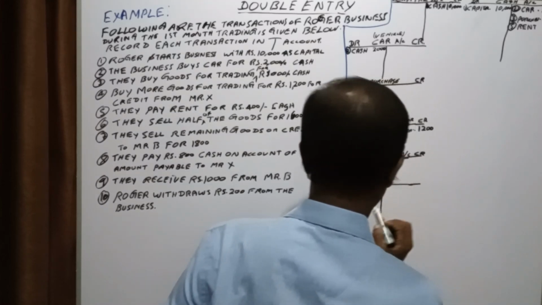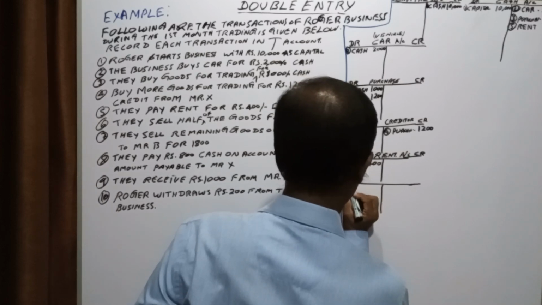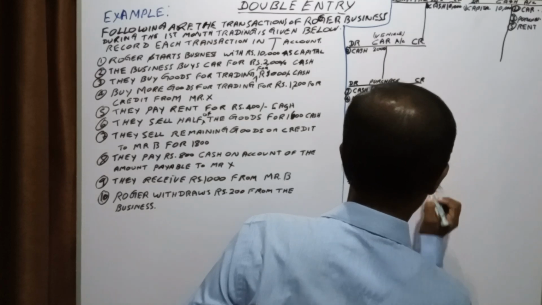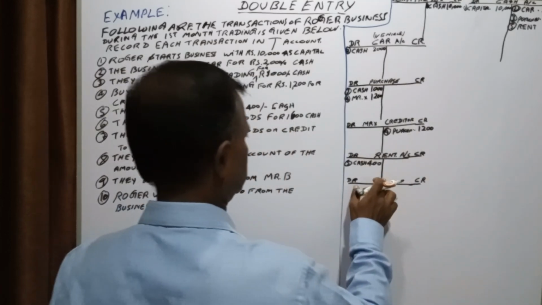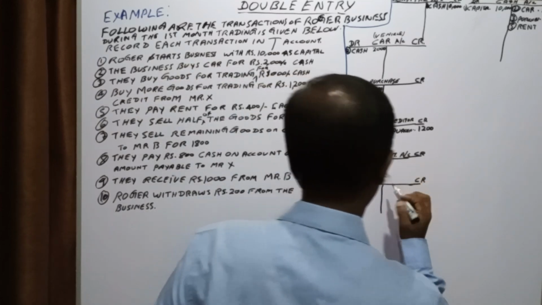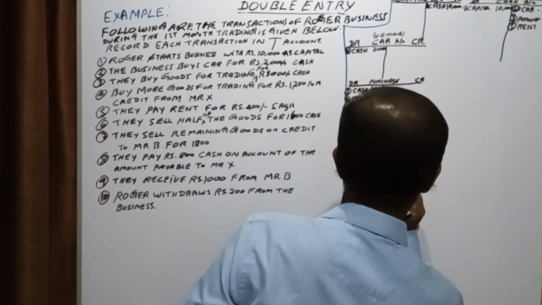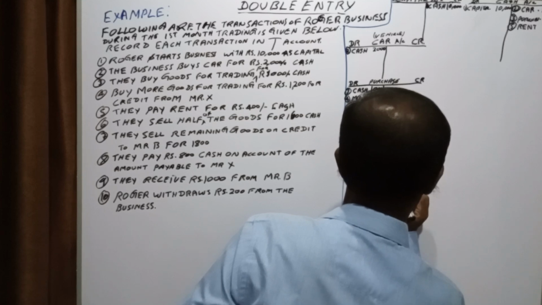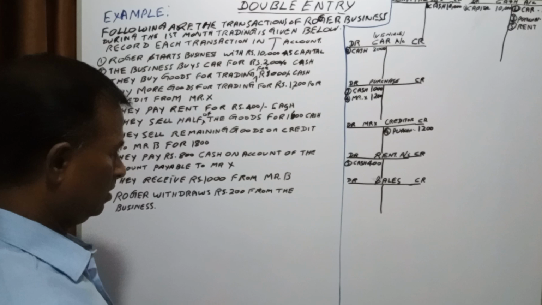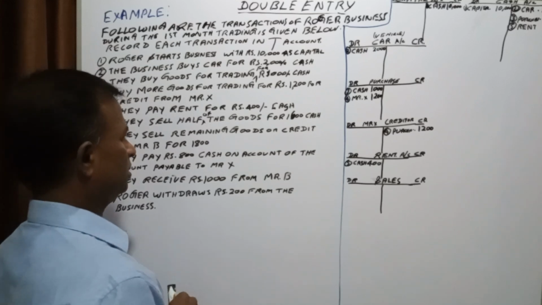This is debit, this is credit. So this is called the sales account.